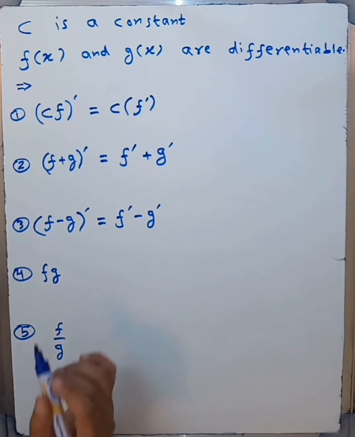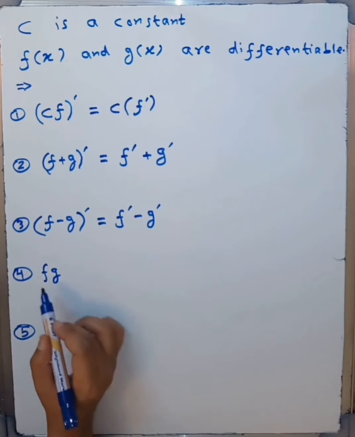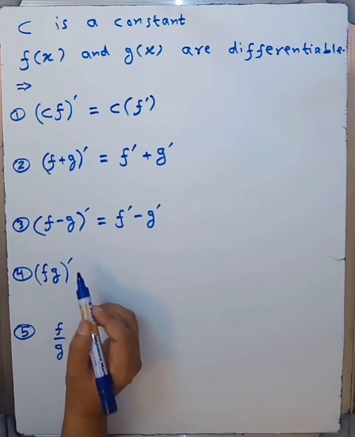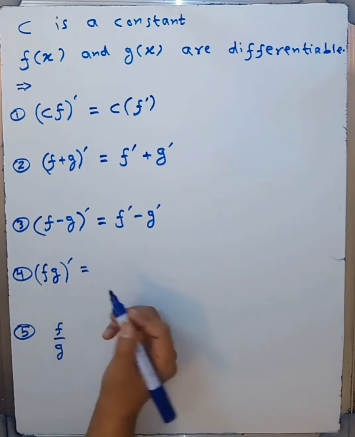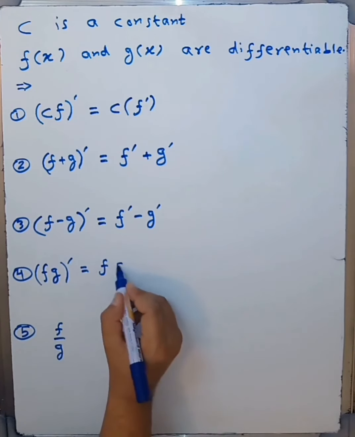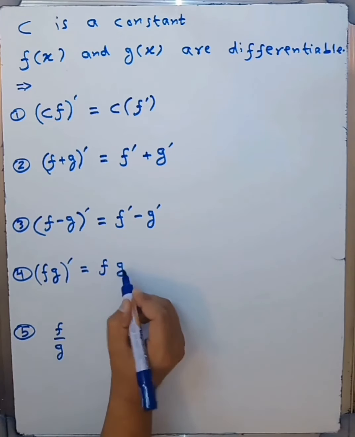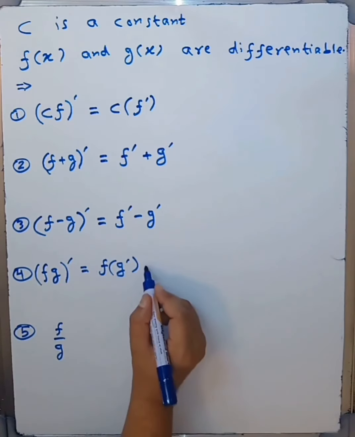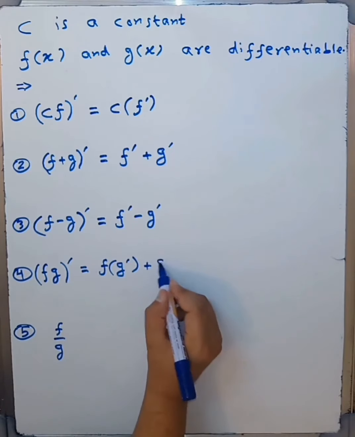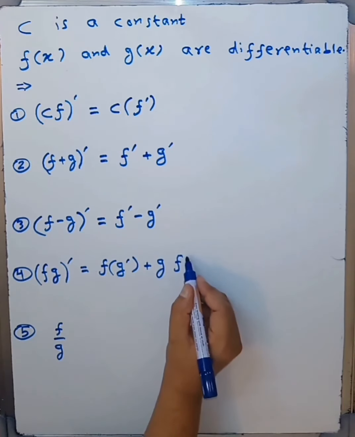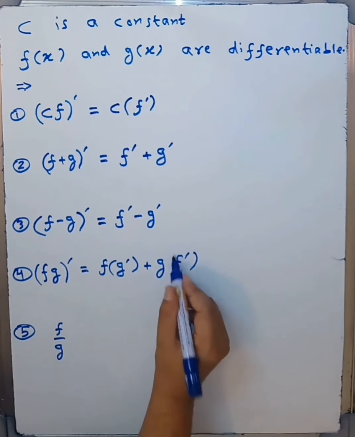The derivative of f multiply g is equal to f multiply derivative of g plus g multiply derivative of f.